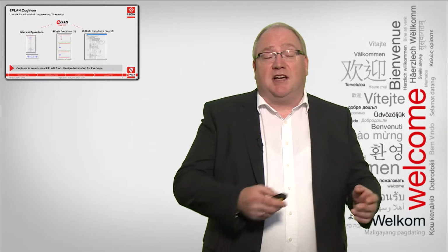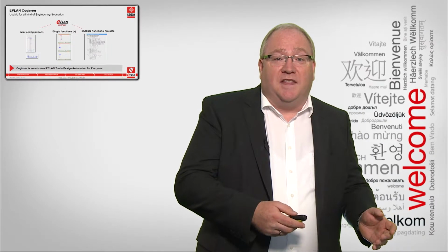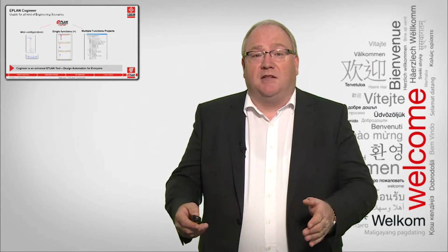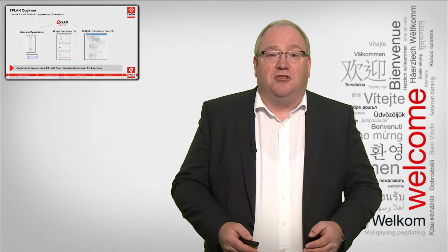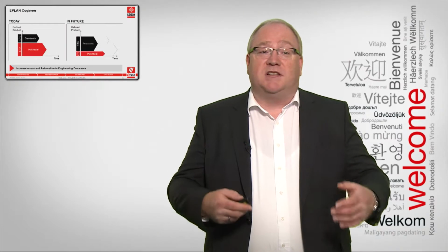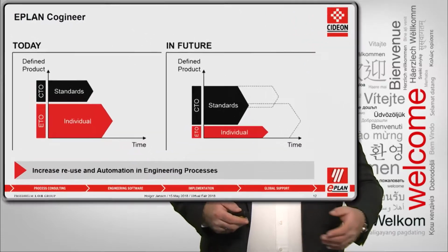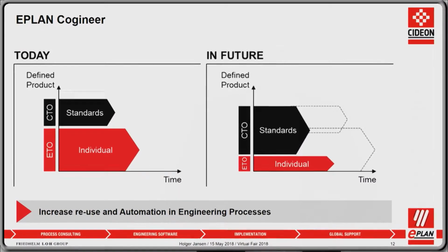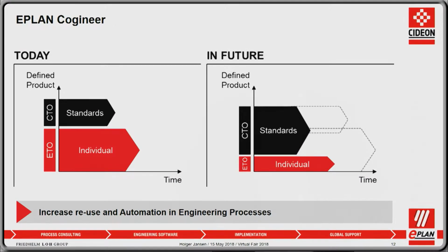As I said, start with single functions and then go on step by step in the direction of automating complete projects in the end. And what it's all about is minimizing the manual part of engineering, we call it engineering to order, and maximizing the automation part, configure to order.